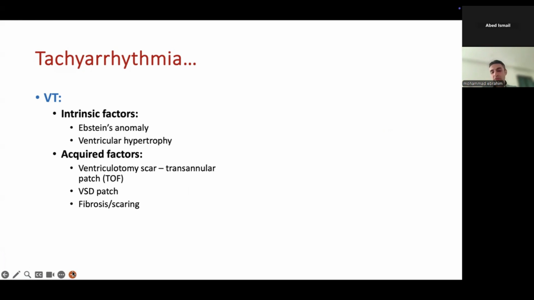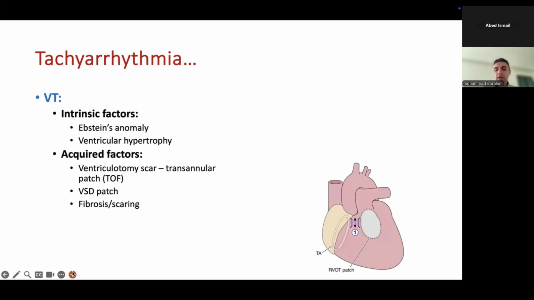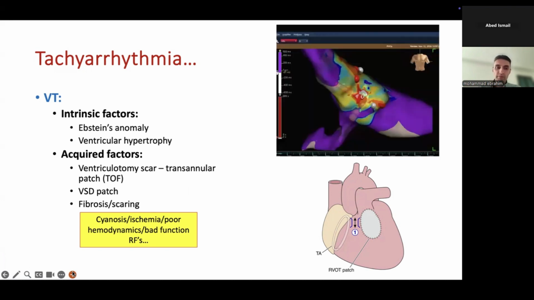Furthermore, with ventriculotomy scar, for example, during transannular patch for tetralogy repair, or VSD closure, or if there's fibrosis and scarring from poor hemodynamics, these are all risk factors predisposing patients with congenital heart disease to ventricular tachycardia. And like we just said for SVT, even for VT, cyanosis, ischemia, poor hemodynamics, bad function, and large chambers are all risk factors to develop tachycardia.